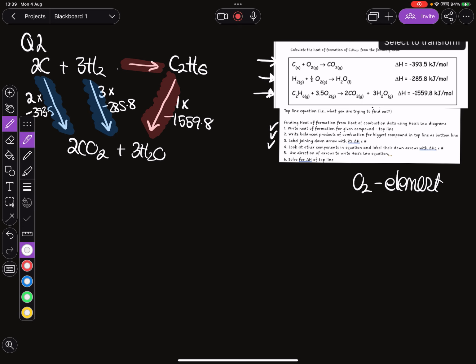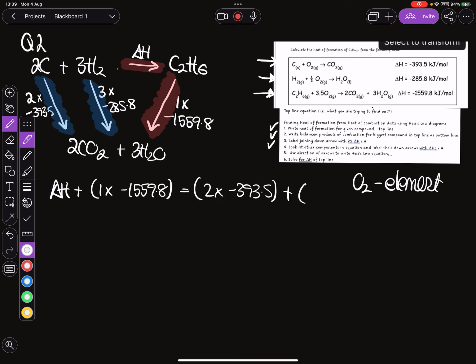So I apologize, I never put my delta H here. So we put it all together. Delta H plus 1 by minus 1559.8 is equal to bracket 2 by minus 393.5 close bracket plus bracket 3 by minus 285.8 close bracket.